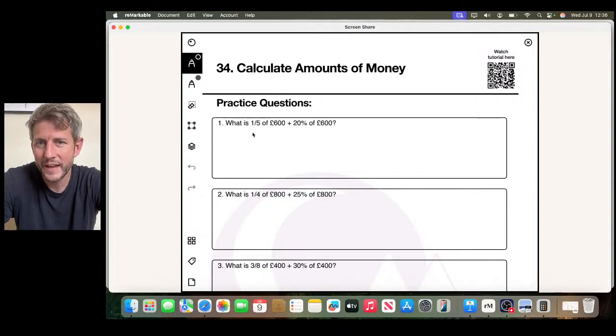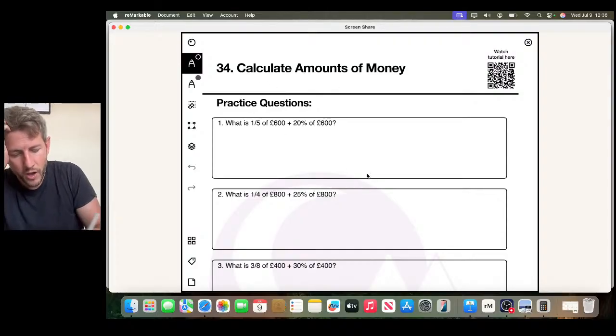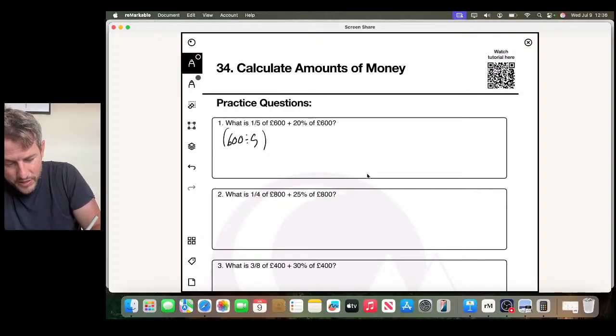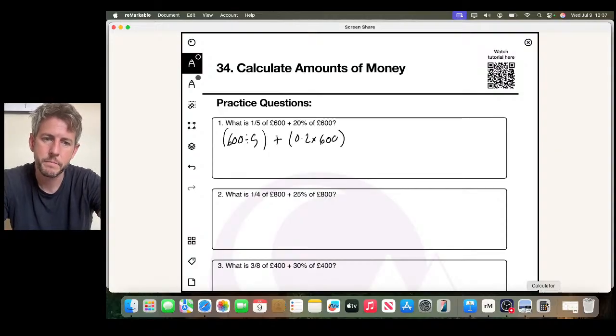So we've got fractions and percentages with this one. 1/5 of 600 is 600 divided by 5. Add 20% of 600, so that's 0.2 times 600. I'm going to do this with the calculator.